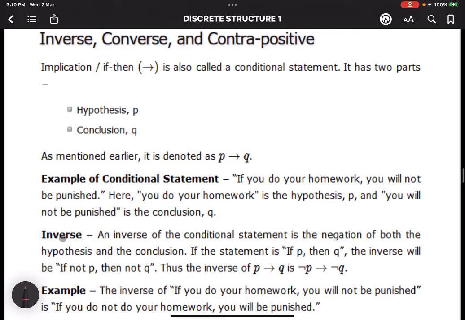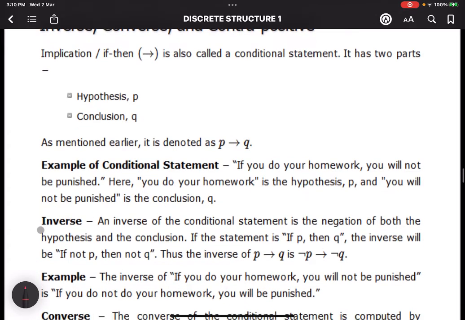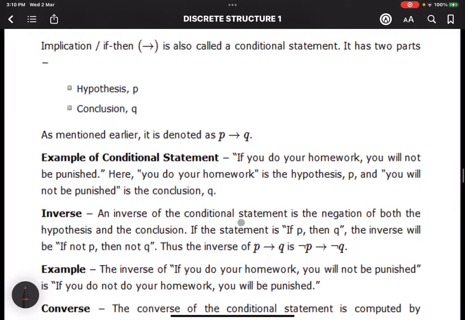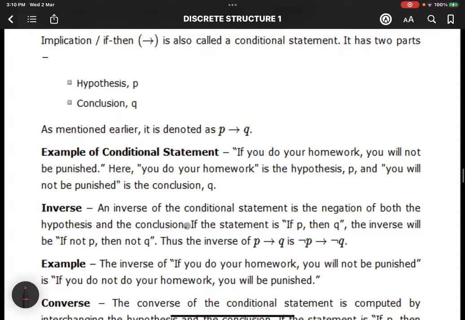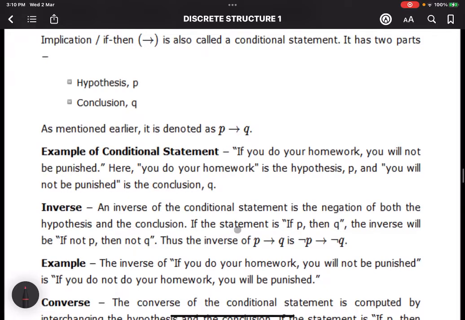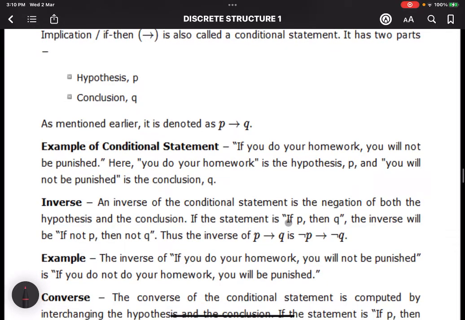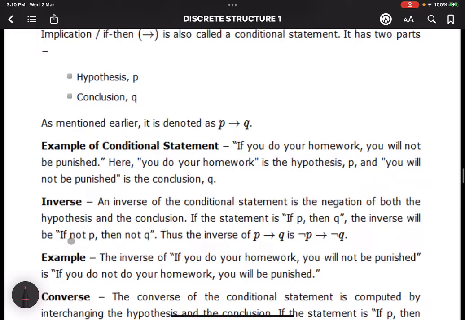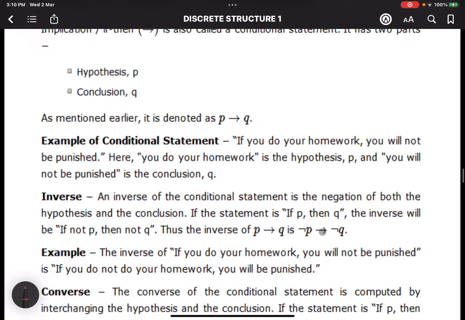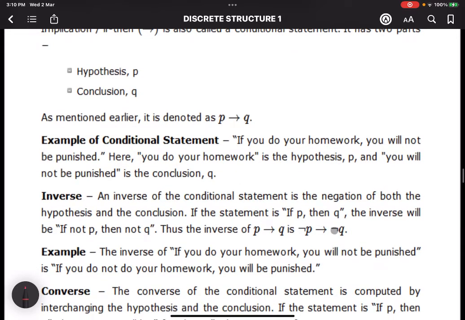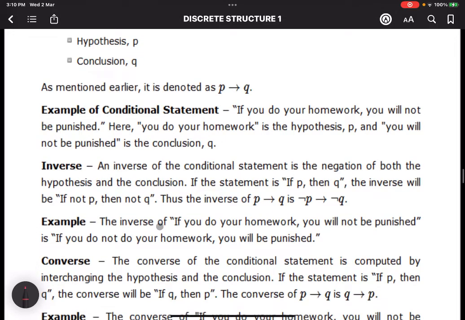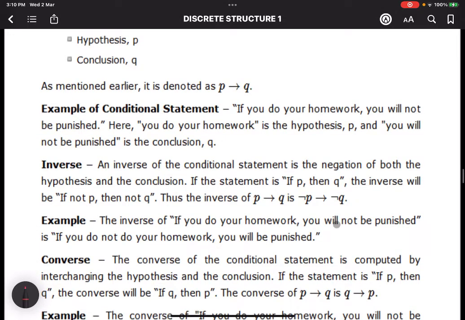Okay? So, with that example, we can check the definition of inverse. An inverse of the conditional statement is the negation of both the hypothesis and the conclusion. So, pag sinabi negation, lagyan natin ng not. If the statement is if P then Q, then the inverse will be if not P then not Q. Example, the inverse of if you do your homework, you will not be punished.